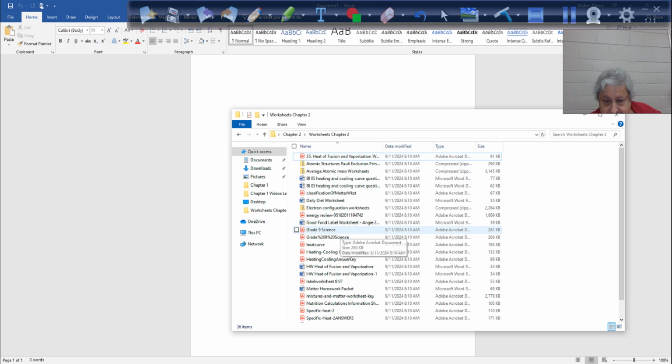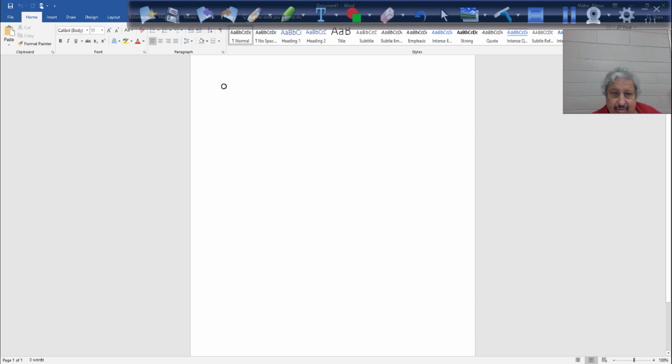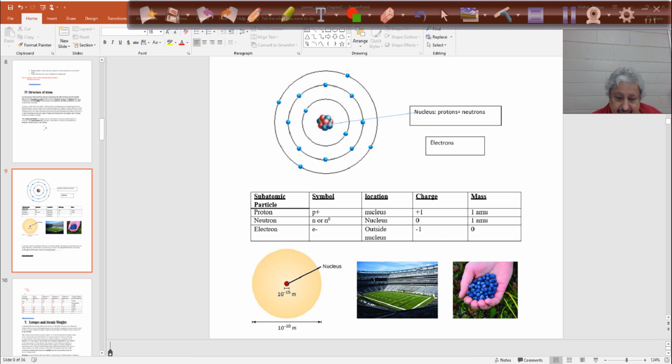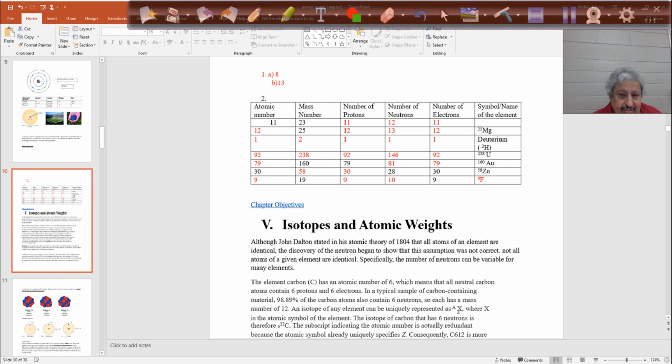This worksheet I don't like, but inside the ones you have here, the red ones, you can see all those with the number, the symbol, the number of neutrons, protons, and electrons.